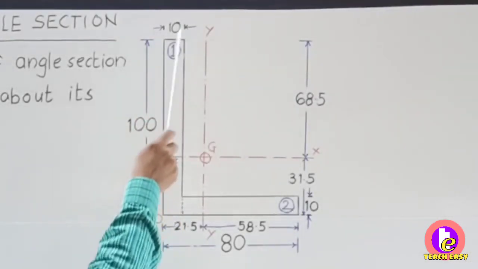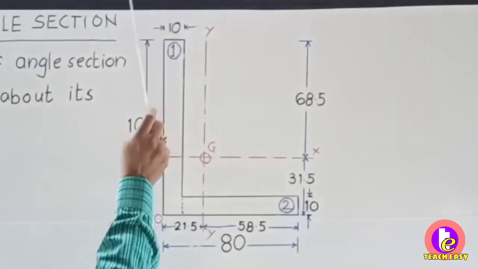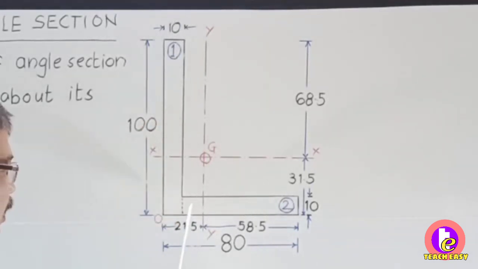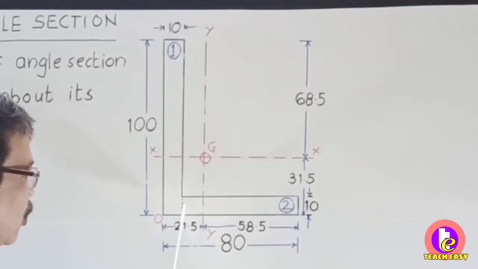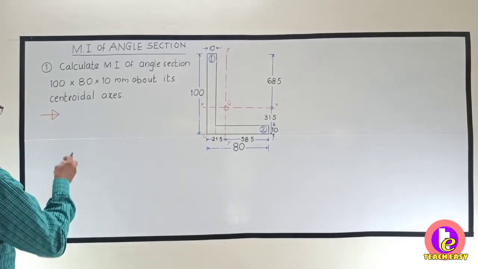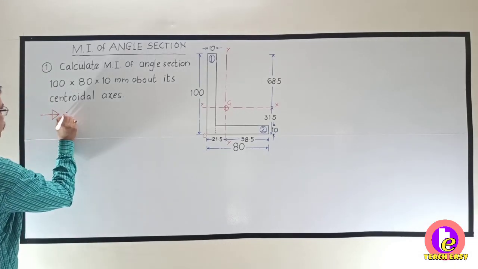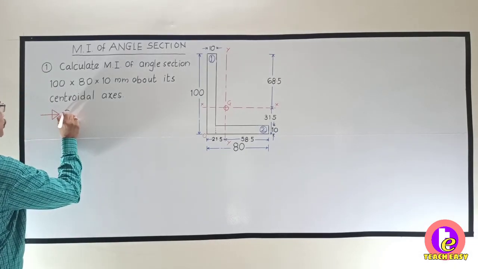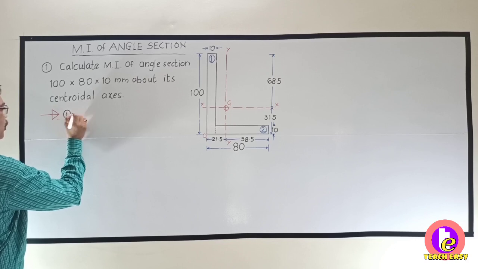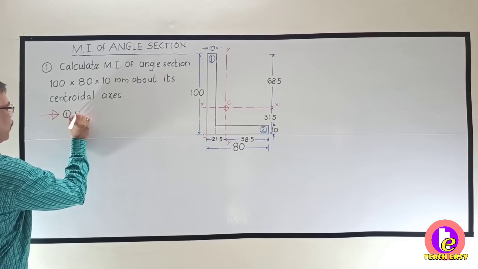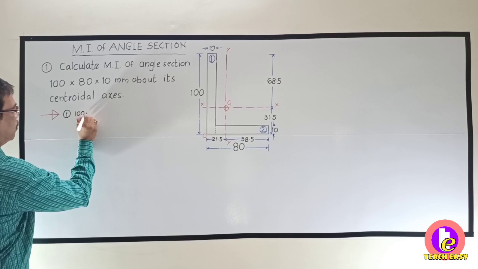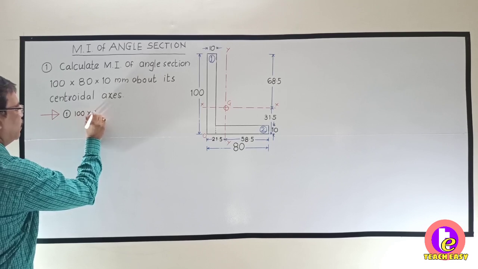The first figure is rectangle 100 mm by 10 mm. The second figure is a rectangle. How much is this one? 80 minus 10, so it is 70 by 10. So the first figure is 100 mm by 10 mm.